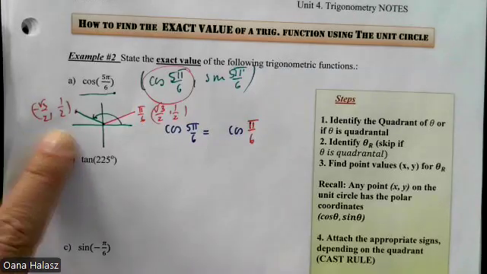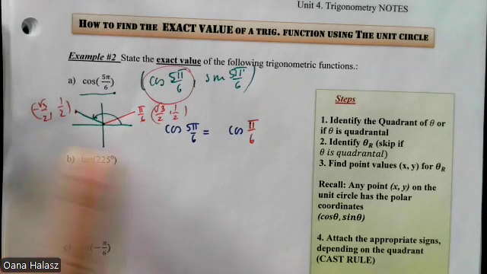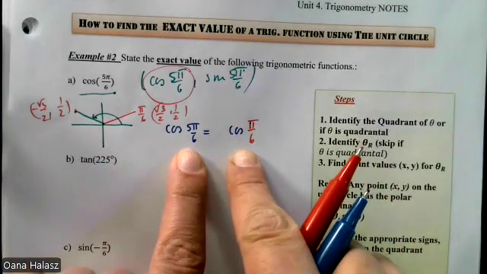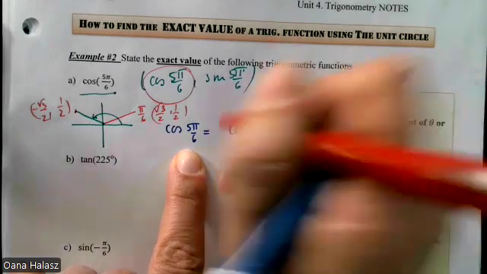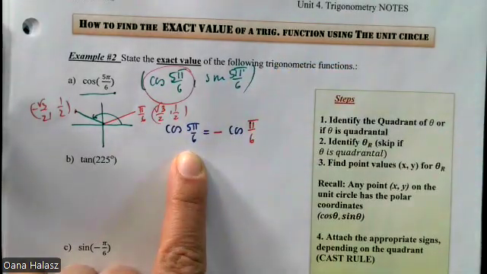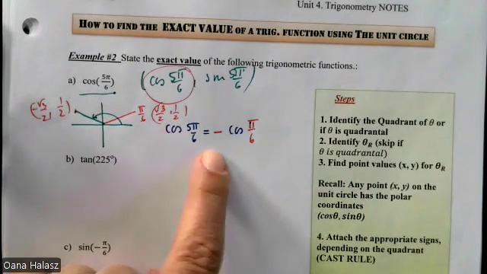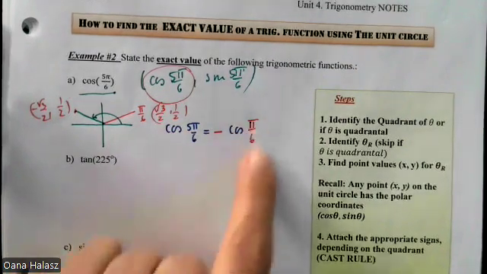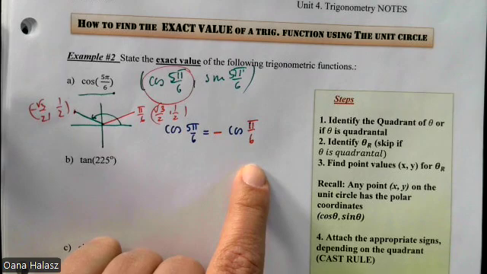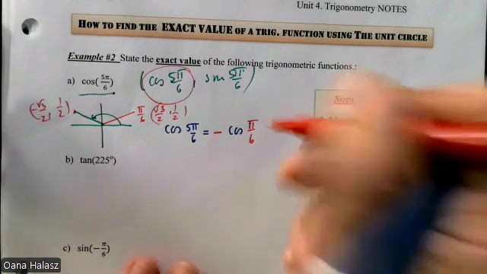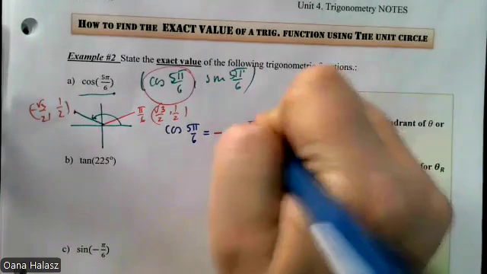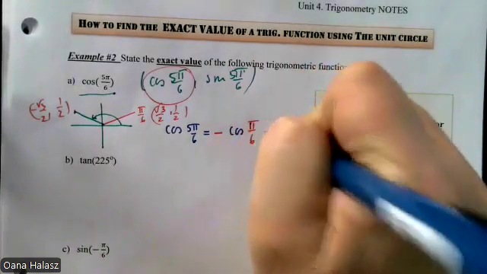Negative square root of 3 over 2 and 1/2, because you're in quadrant 2, right? So the way this equality works, true equality, is if you put that negative there. So cosine of 5π/6 equals negative of the cosine of the theta r. Make sense? Which equals -√3/2.